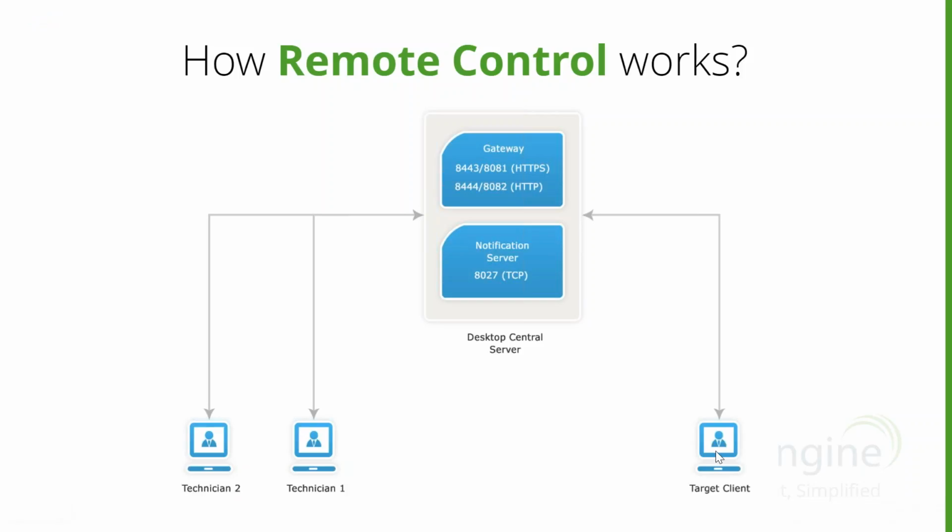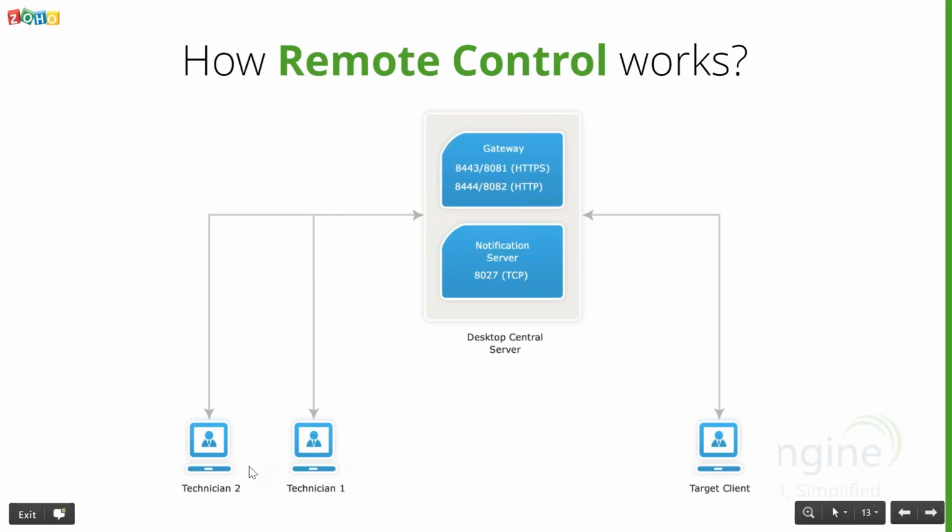There the DC agent listens to the request and initiates the remote control service locally, which captures the images and sends them back to the server, where another component, the gateway component, listens and forwards them back to Technician 1's viewer screen. That's how Technician 1 can see the end user machine on his laptop.